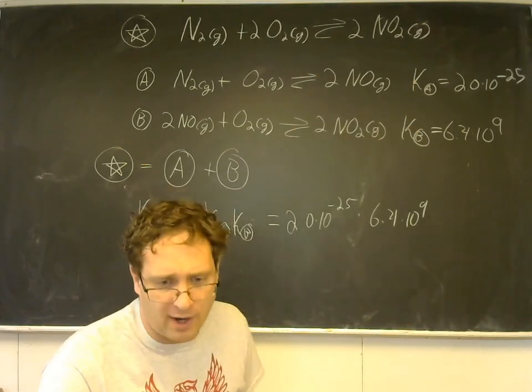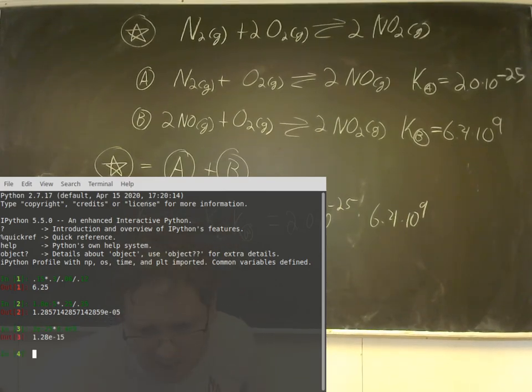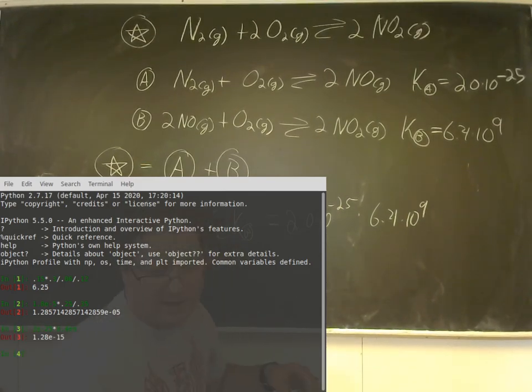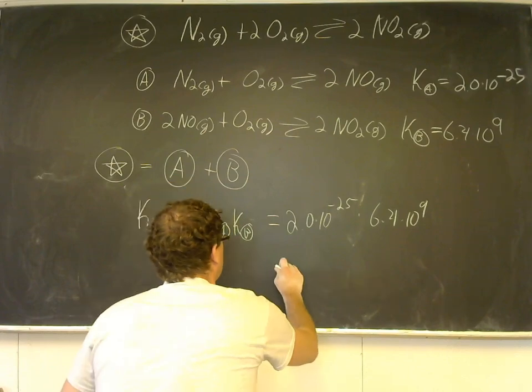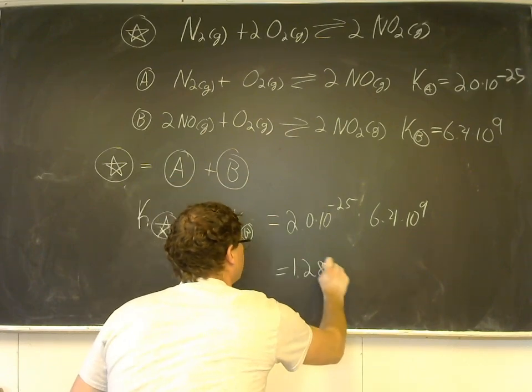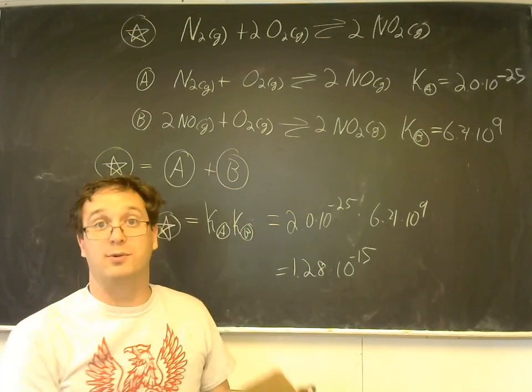Let's figure it out. 2e negative 25 times 6.4e positive 9. We get 1.28 times 10 to the negative 15th. That is our new equilibrium constant.